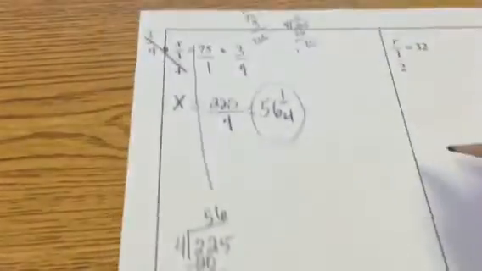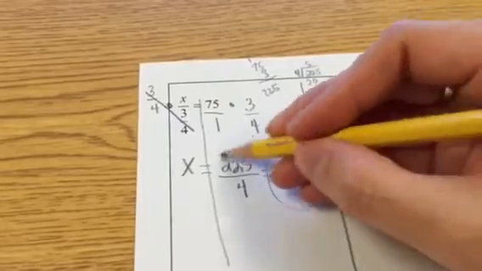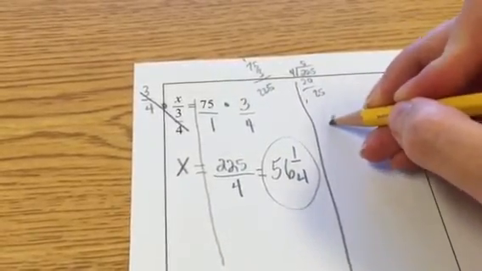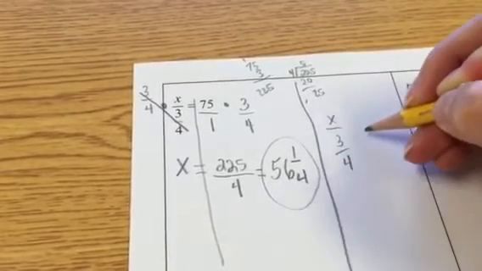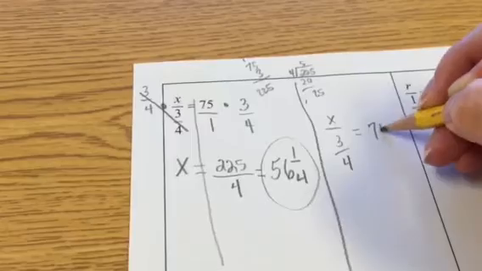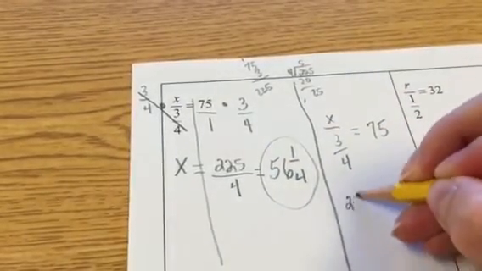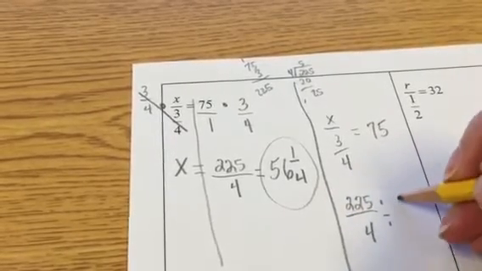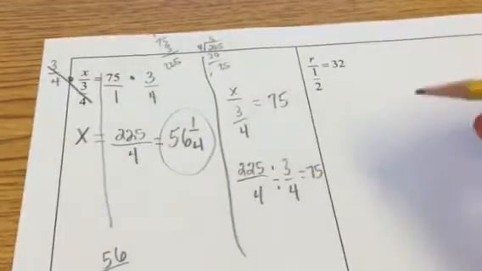But I'm going to just double check. To do my check, I'm going to use my improper fraction. So first I have to write x divided by 3/4 should be 75. Now I'm going to substitute in my improper. So 225 over 4 divided by 3/4 should be 75.